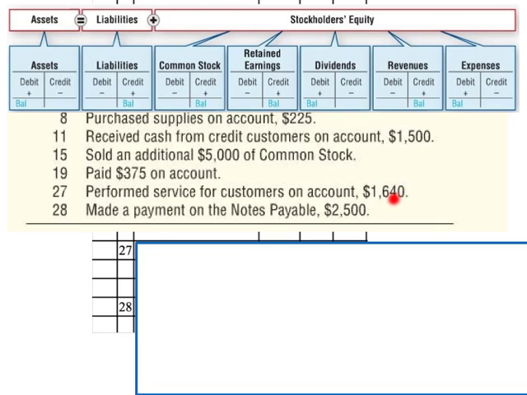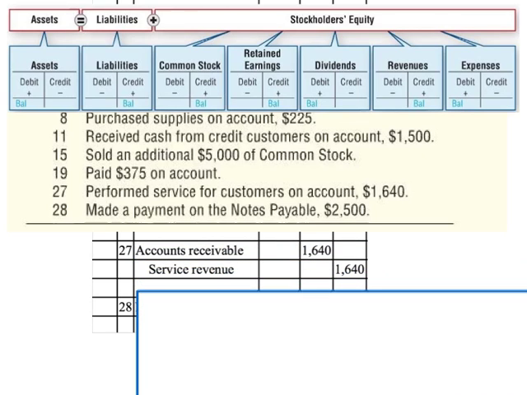They're not going to pay me cash. I'm going to have to send them a bill, which is going to be accounts receivable. So I'm going to debit my accounts receivable, credit my service revenue here for $1,640. Means my revenue is going to go up $1,640, and my receivables, my assets, are also going to go up $1,640.